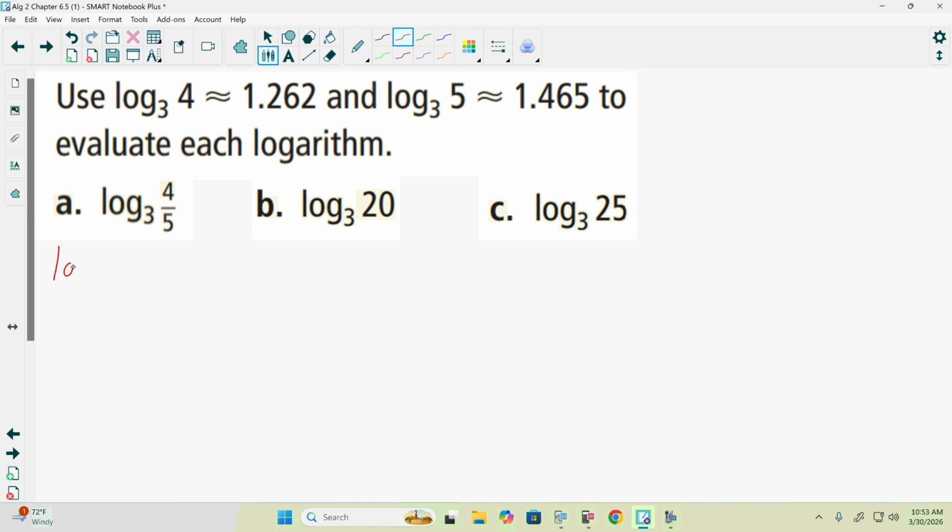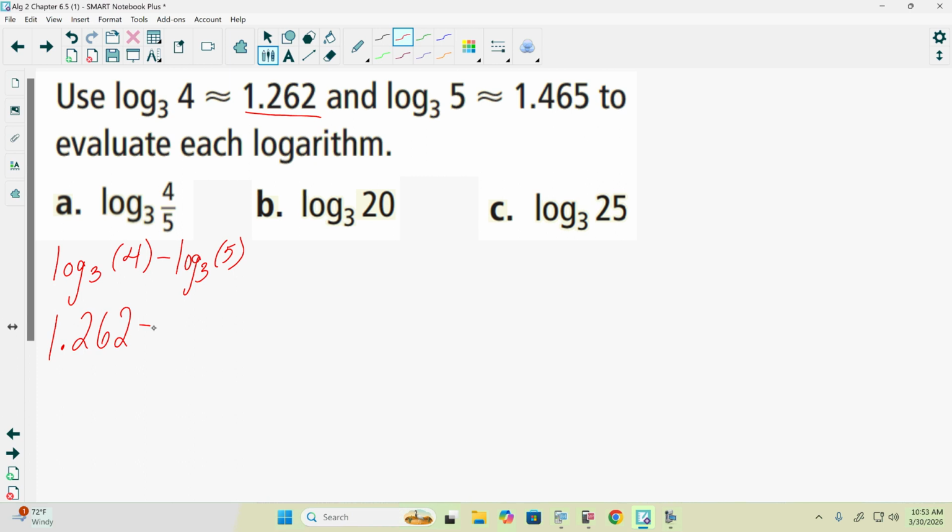So really this is the same as log base 3 of 4 minus log base 3 of 5. And the top number will always go inside the logarithm first. We'll always have log of the top minus log of the bottom. And according to what they told us, log base 3 of 4 is approximately 1.262.